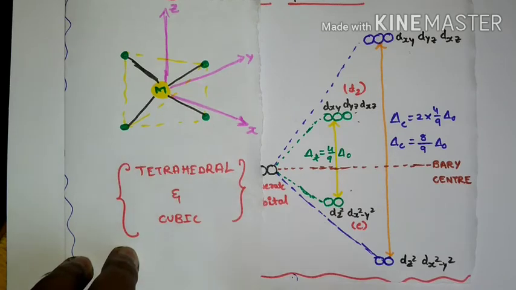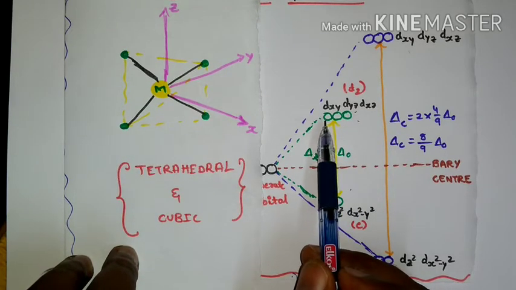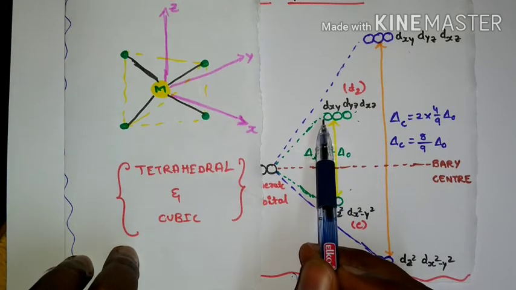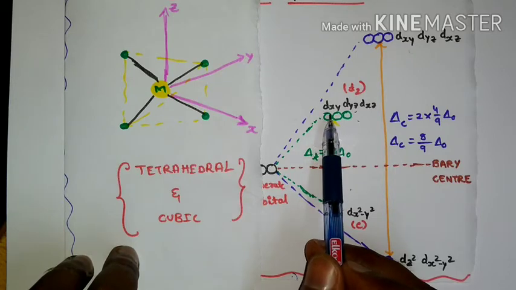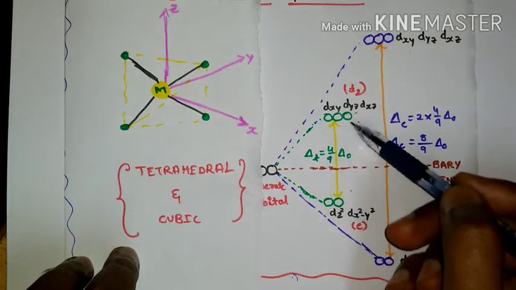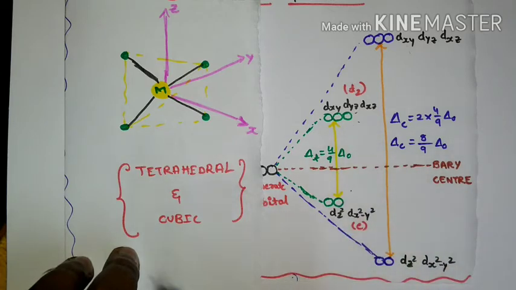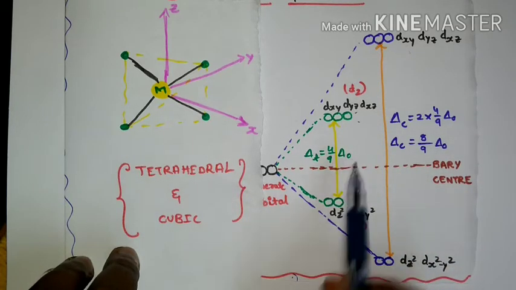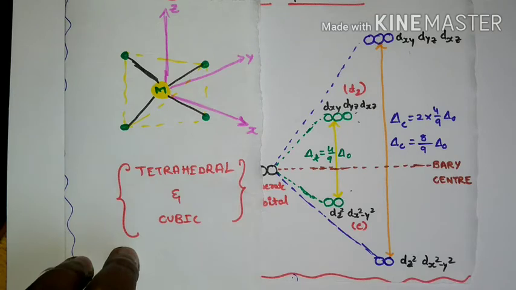So thereby the d orbitals lying in between the axis, that is dxy, dyz, dxz, their energy will increase, whereas the d orbitals lying along the axis, that is dz square, dx square minus y square, their energy will decrease. So this is the crystal field splitting in the case of tetrahedral, that is 4/9 delta octahedral.